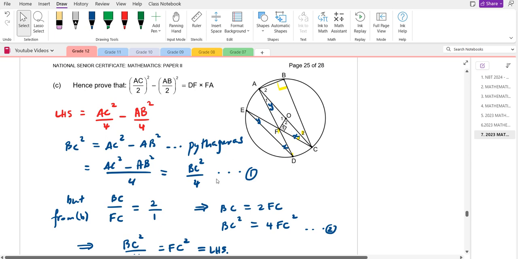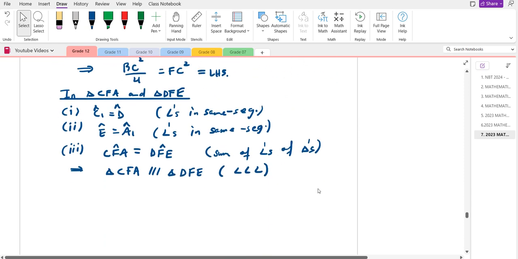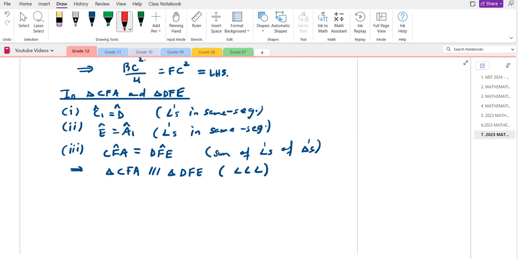Now if you want DF and FA, how are we going to get DF and FA? So see, we have DF and FA. So it makes sense. You need to say CF over DF equals FA over FE.